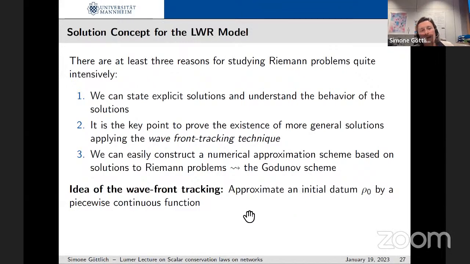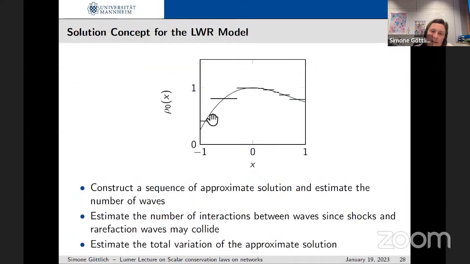So again, the idea of wavefront tracking, just to give you a picture, is to say that if we now have initial data in a very general manner, we can assume that this initial data can be approximated by piecewise constant functions. So here, let's say this would be our rho 0, and then we have these piecewise initial step functions. And at each of these jumps, we can now solve Riemann problems again, right?